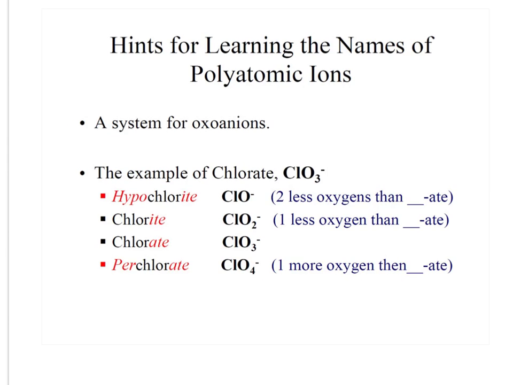So here, this is chlorate. Hypochlorite has two fewer oxygens than chlorate. Chlorite has one fewer oxygen. That's chlorate. Perchlorate has one extra.